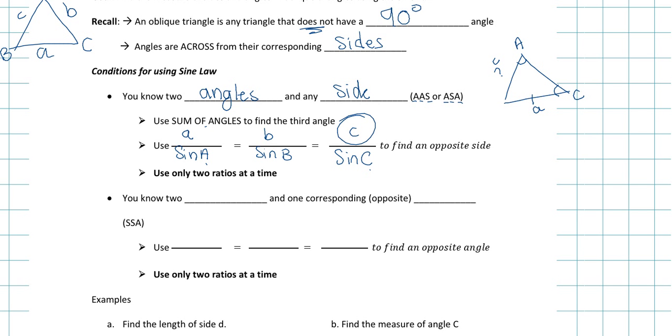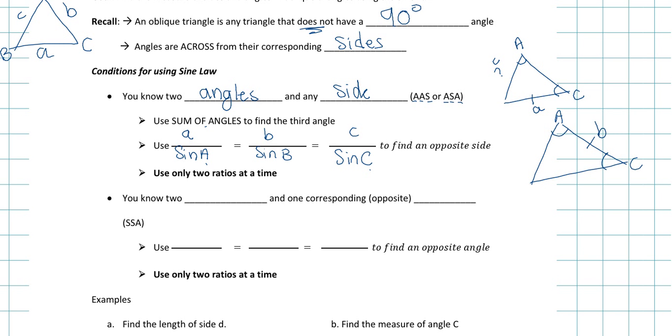Let's say I give you angle A and angle C, but I give you side B. What do I have to do first? That's right.